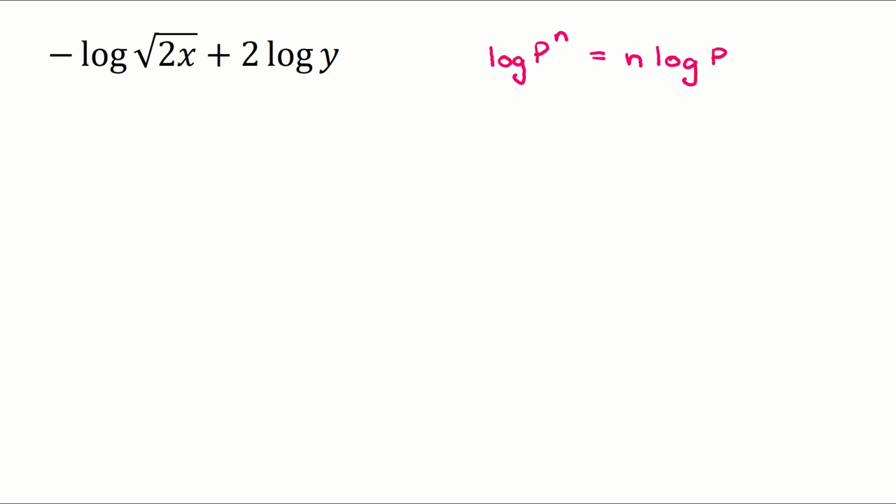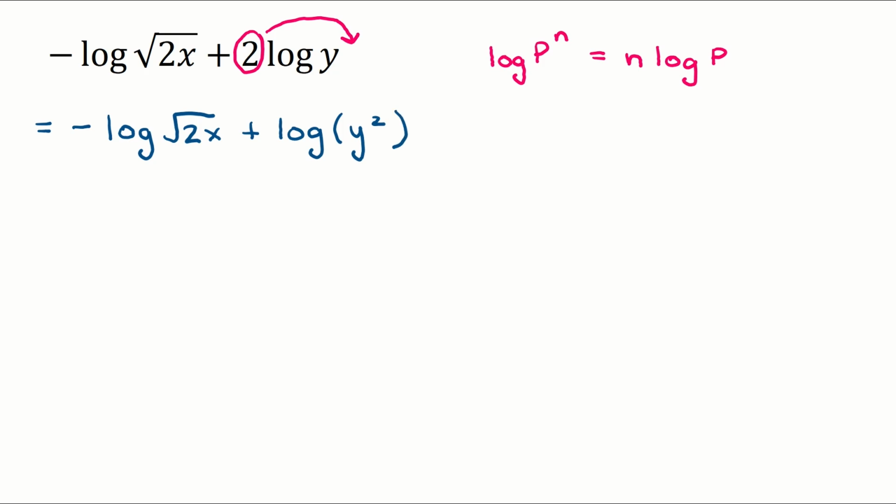In this case, we are going to apply it to move the 2 to the exponent of y. So when we do that, it changes to negative log root 2x plus log y squared.